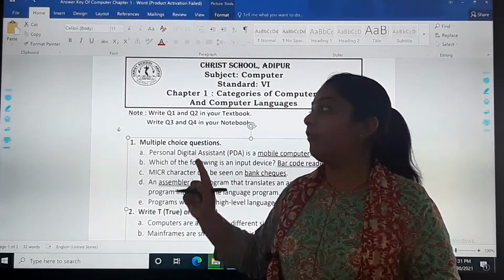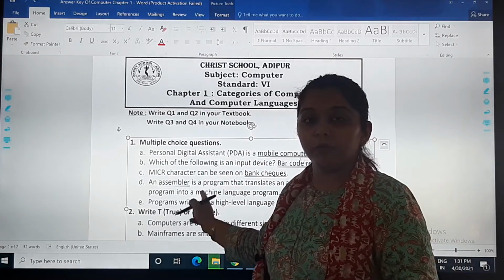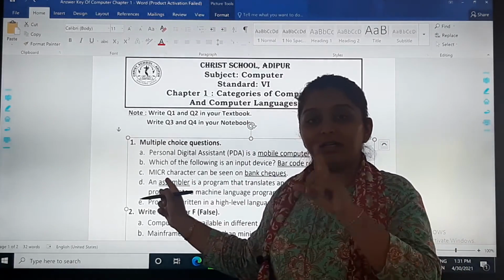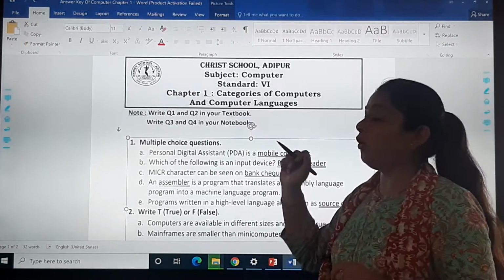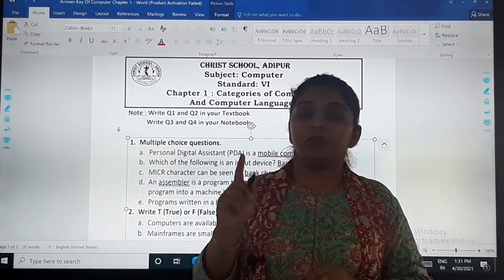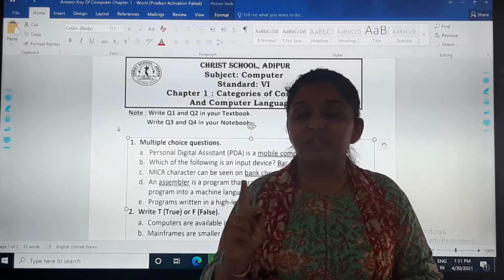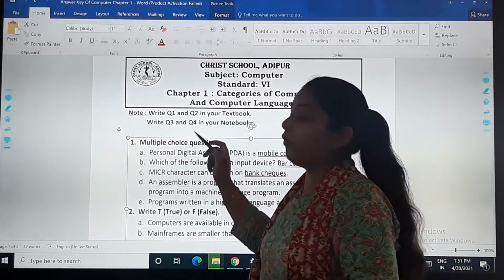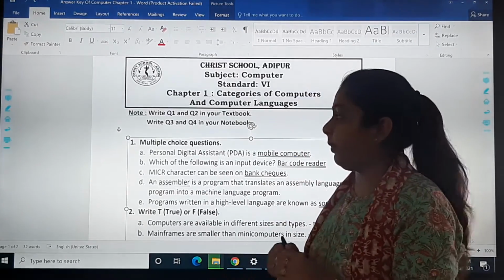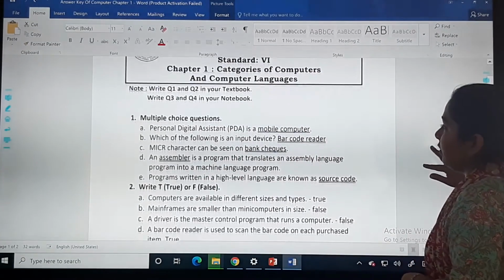That means you have to copy down the answers of question number 1 and 2 in the textbook itself. Write question 3 and 4 in your notebook. That means you will copy down the questions as well as answers of question number 3 and 4 in your notebook.